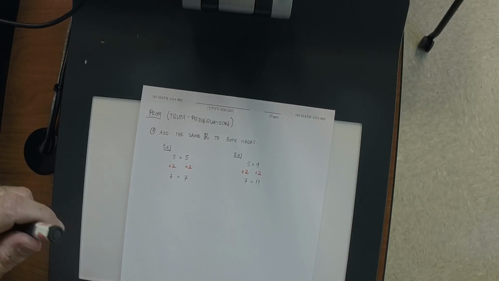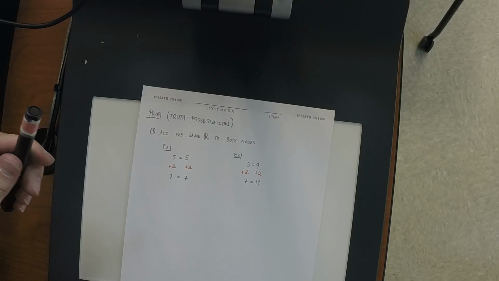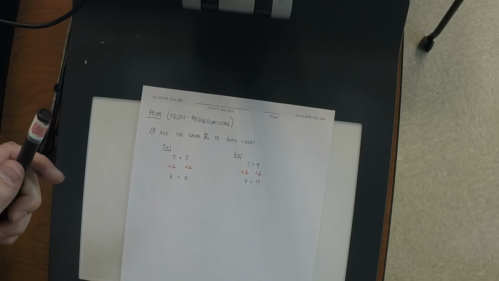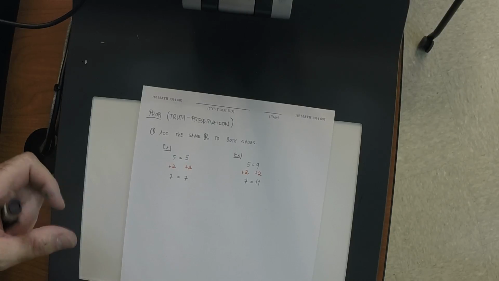So notably, I'd like for you to observe that we began with an equation that was false, and then we added the same number to both sides, and we ended with an equation that is false. So by truth preserving, I mean that if you begin with true, you end with true. If you begin with false, you end with false. Okay?